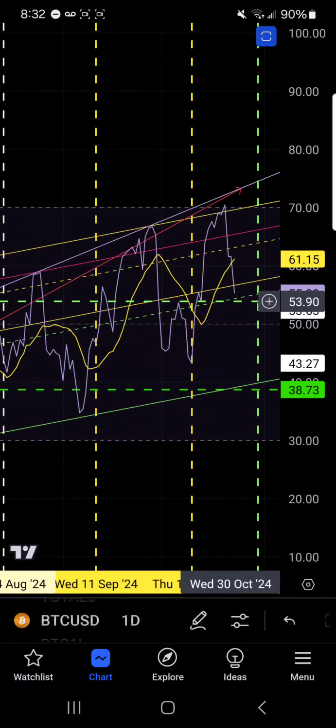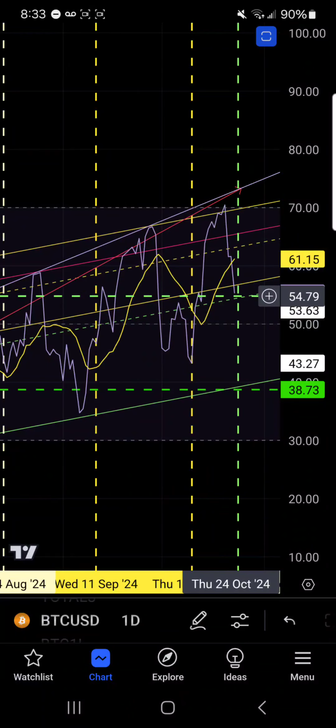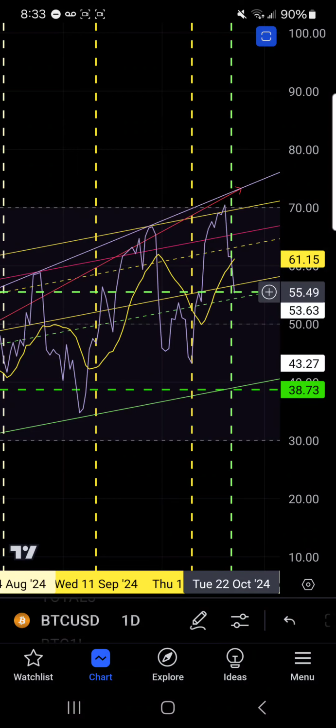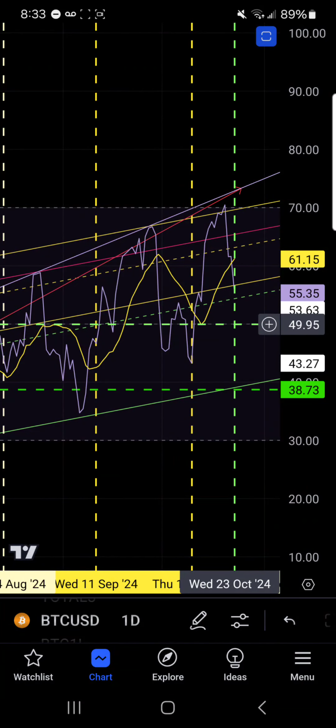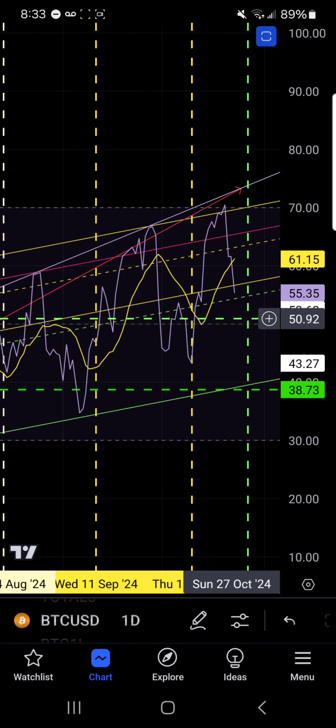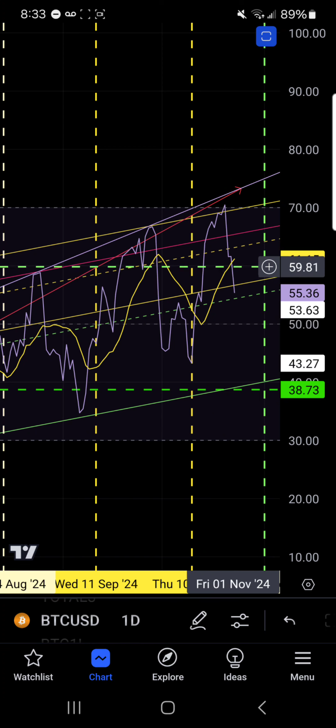Let's see if we get a bounce on this center line. That would be good. If not, maybe we come down a little bit below it but stay in the bullish control zone and bounce up higher. We might save ourselves from that 8% drop.